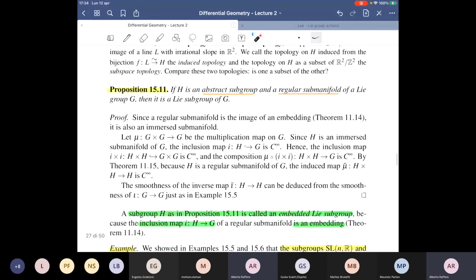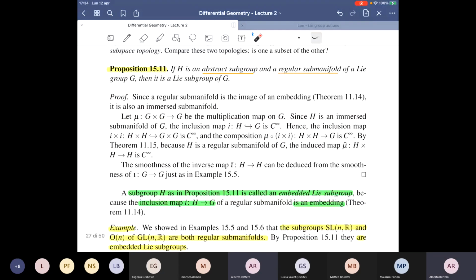Okay, let's move on. We have some results that allow us to determine when some subset is a Lie subgroup, and one result is this proposition saying that if you have an abstract subgroup of a Lie group, which just means that it is a subgroup in the algebraic sense, which is also a regular submanifold of the Lie group, then it is a Lie subgroup.